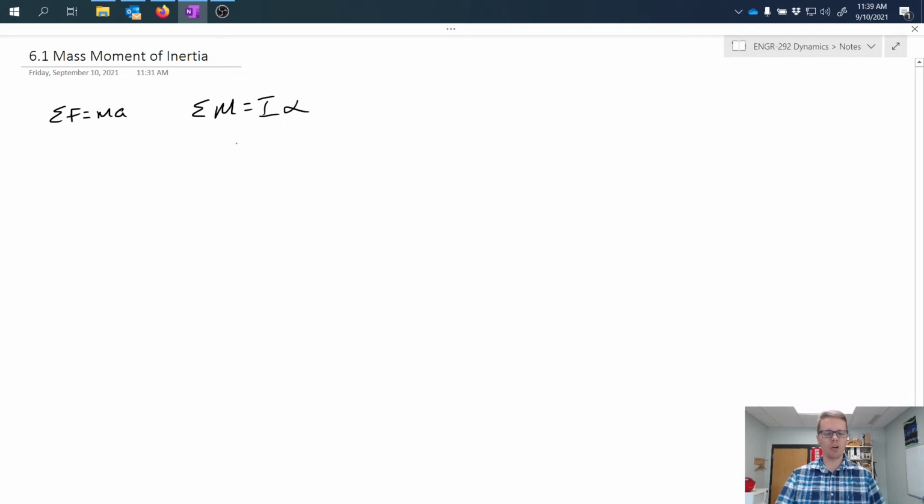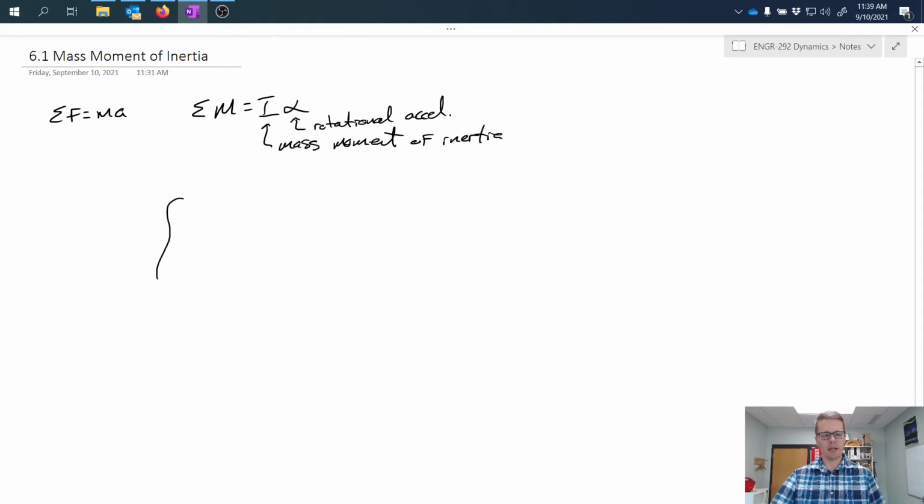In the second equation, we have mass moment of inertia and rotational acceleration. So these two quantities mimic, in a rotational sense, what we already have going on in the linear or directional sense of F equals ma.